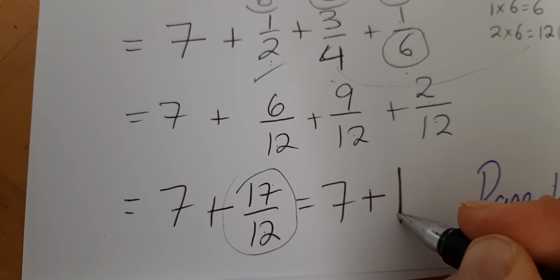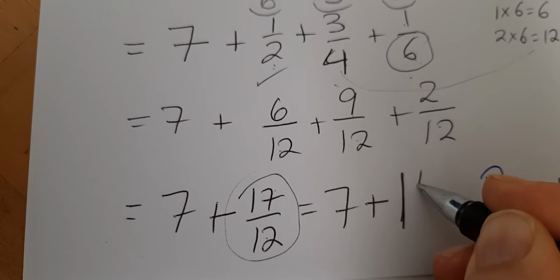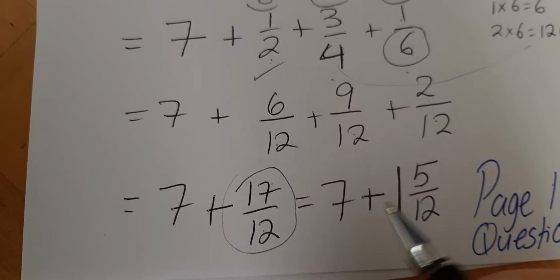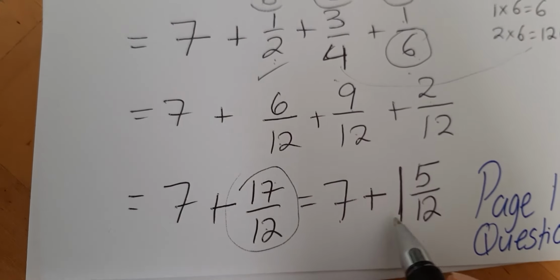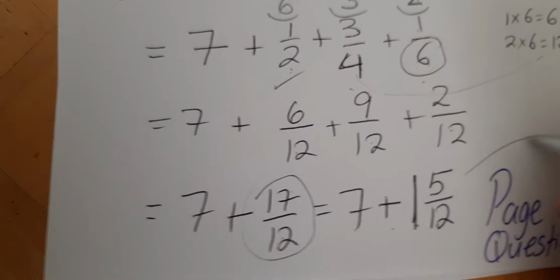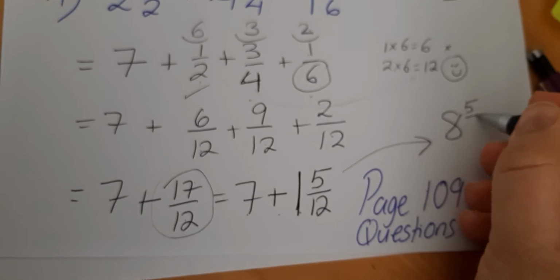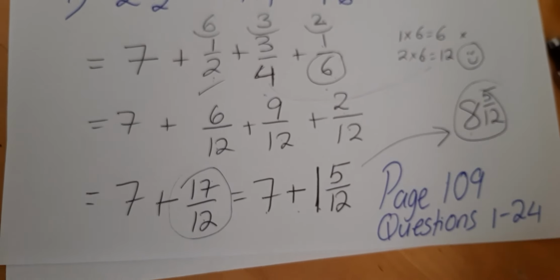And we have a remainder of 5. So 5 left over, 5/12. So my final answer on this is 7 and 1, which is 8. I'll just write it over here because it's 8 and 5/12 is my final answer.